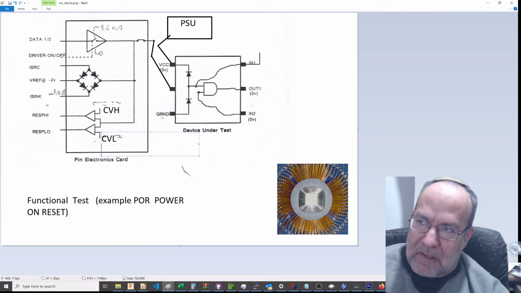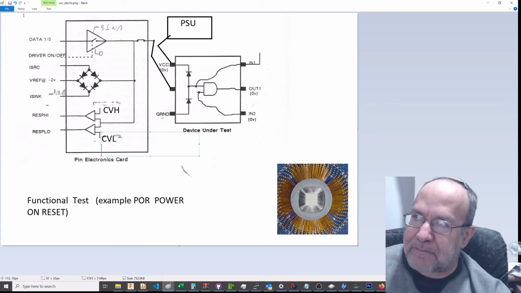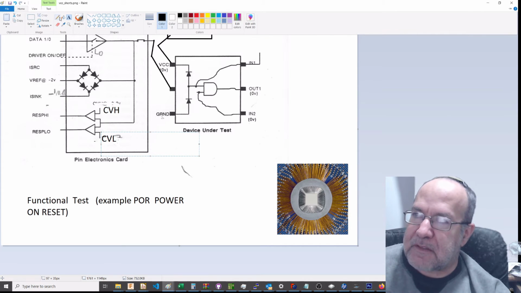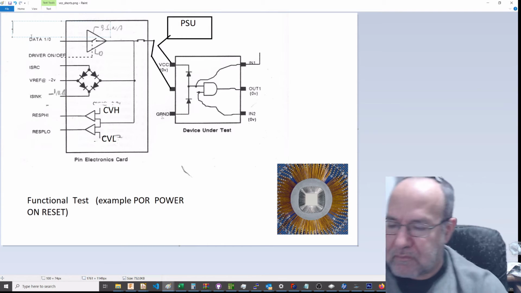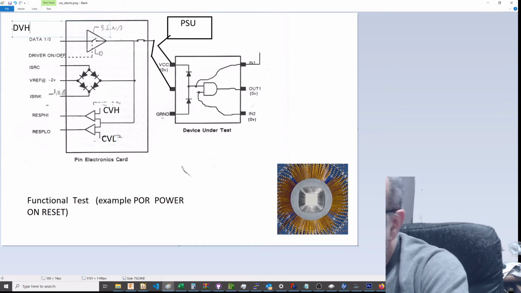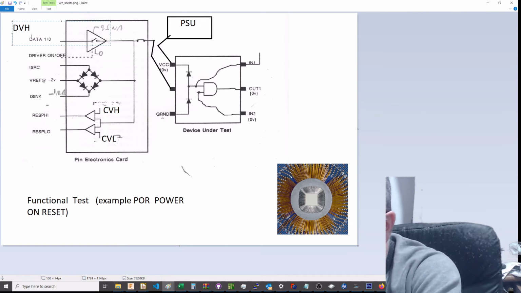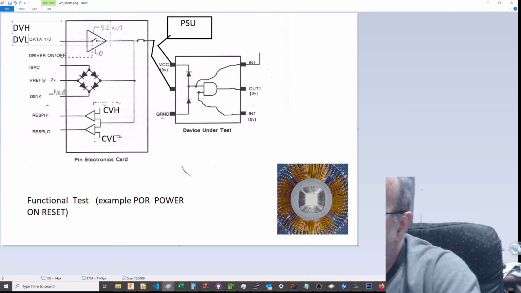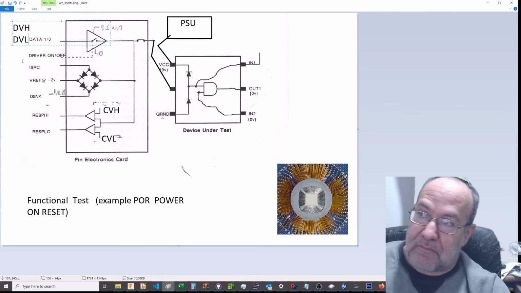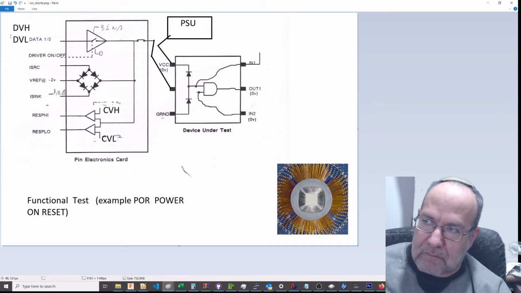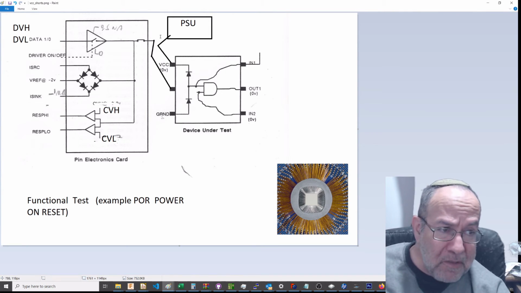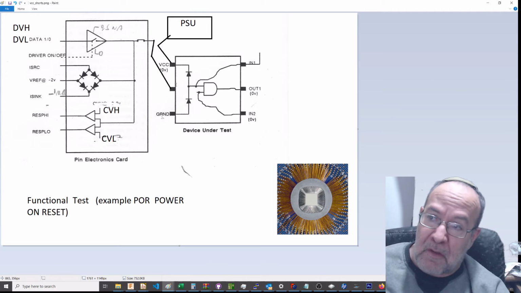On the drive side, this is the drive side. Okay, I'm going to have something called DVH, DVL. Okay. DVH and DVL will set up the stimulus drive voltages.